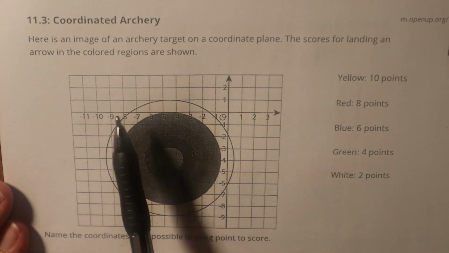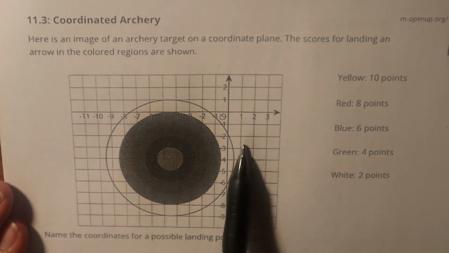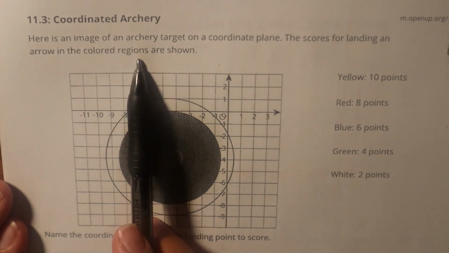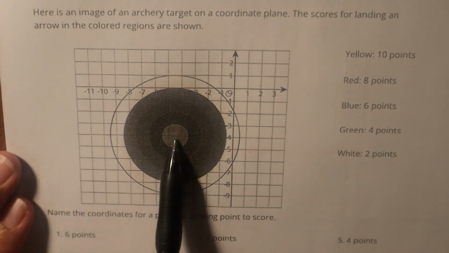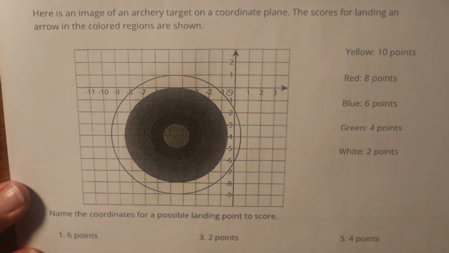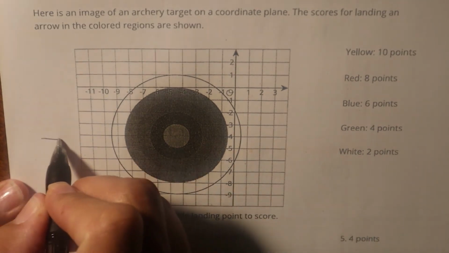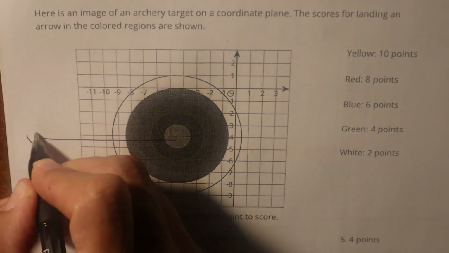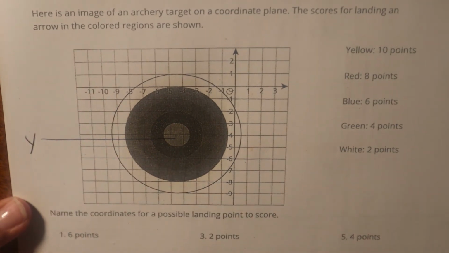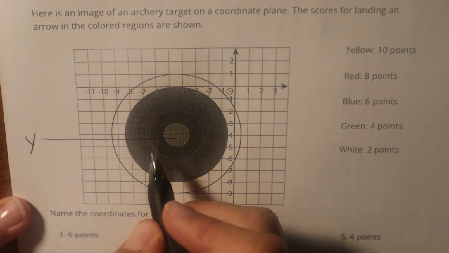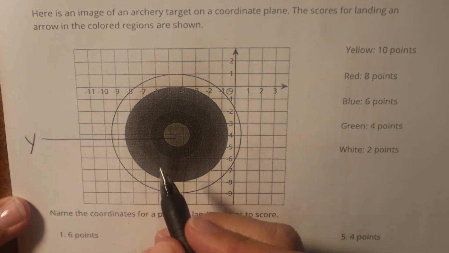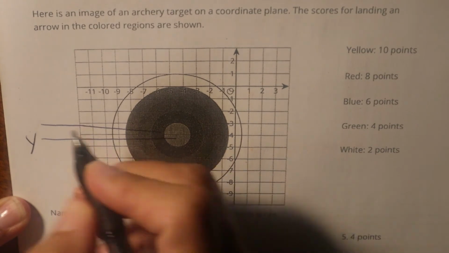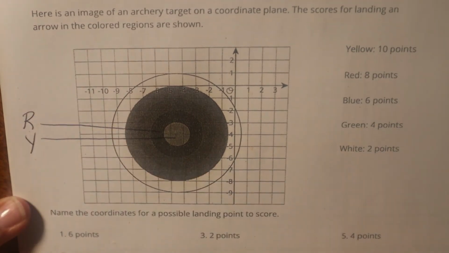Right? Flipping over. Now this one, be nice if it was colored, but it's not, it's black and white. So I'm going to have to make sure you guys understand what the colors are, like a bullseye. It's like a dartboard, well actually they call it an archery target. So let's quickly label the colors because you're going to need to know that. The one right here, right in the middle, like the bullseye one, this is going to be your yellow. So I'll just say Y for yellow. Then the darker one after it, this is going to be your red.